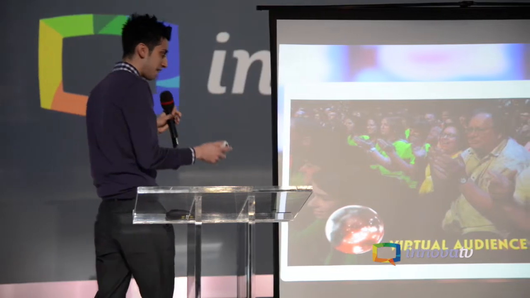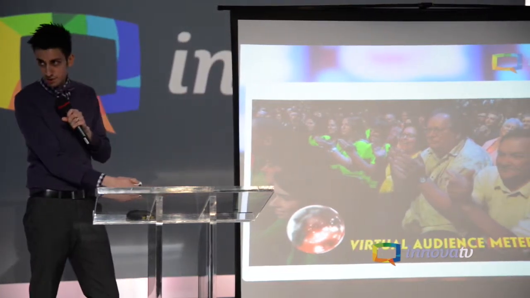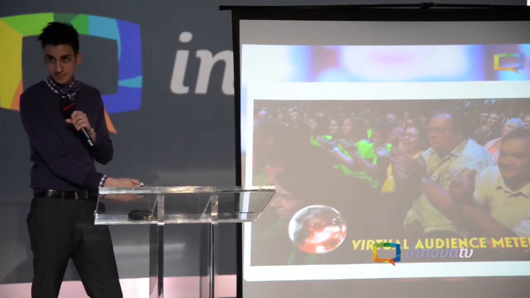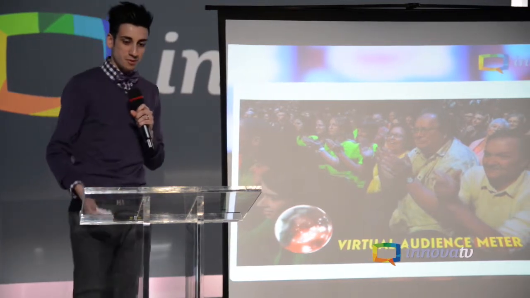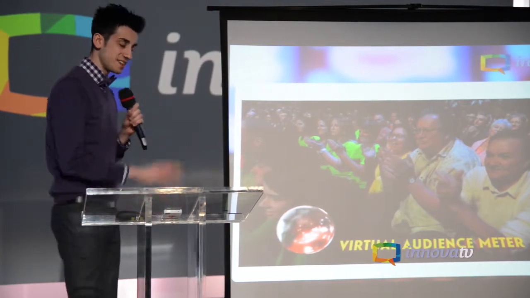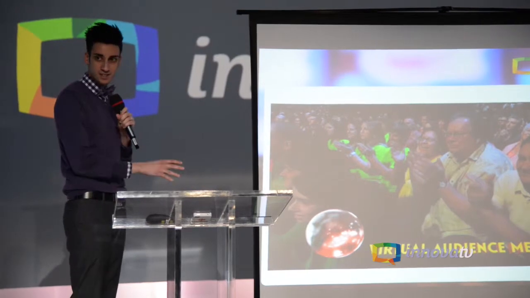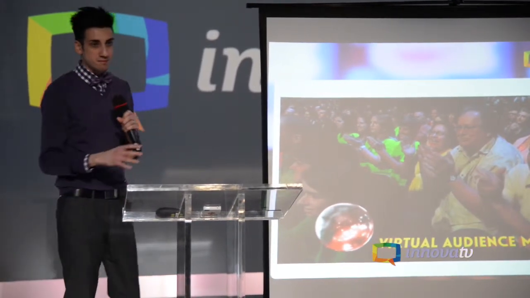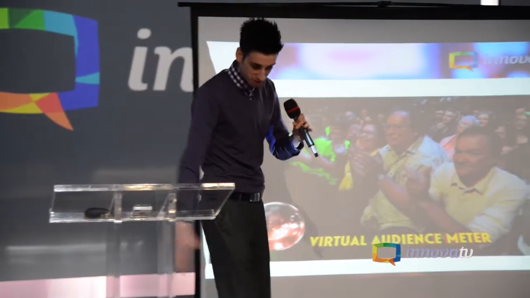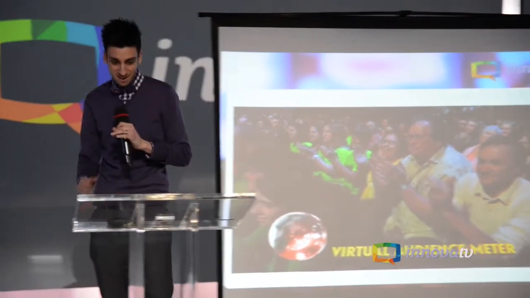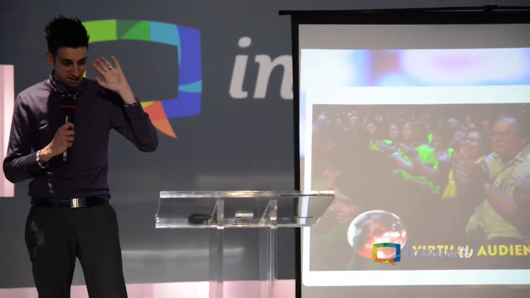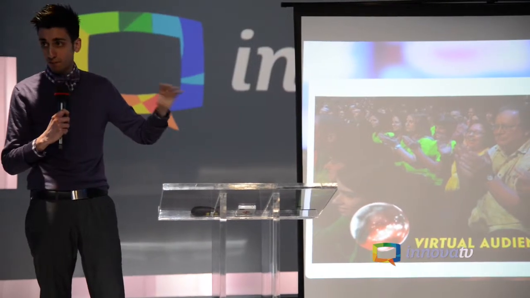Now again, for Over the Rainbow, we have the virtual audience meter, which is VAM, and we call it that in the control room. What was interesting about this is it went through like 25 revisions. We were going to have a crystal ball appear on the set beside Darren, and the color would change based upon how people vote at home.